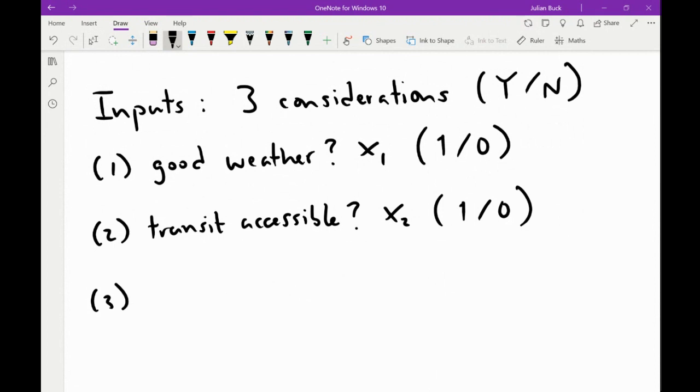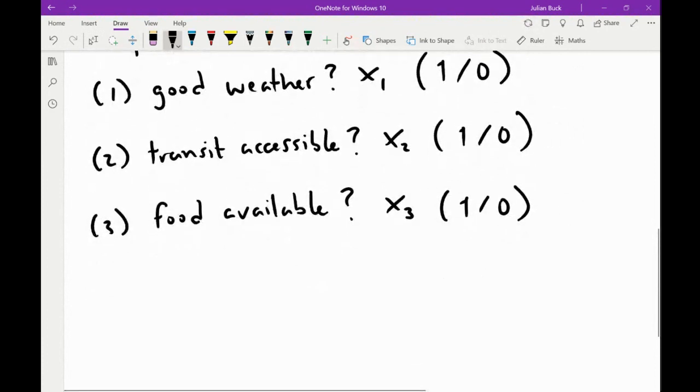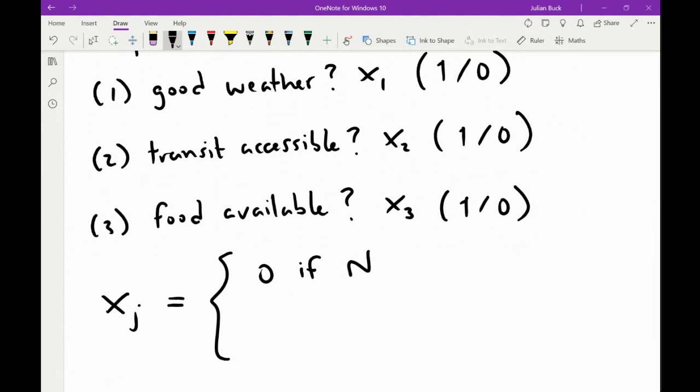And then the third was, is there food available? That'll be x3. Okay, so generally speaking, the binary encoding here is that xj is going to be equal to 0 if no, and 1 if yes, for j equals 1, 2, and 3.